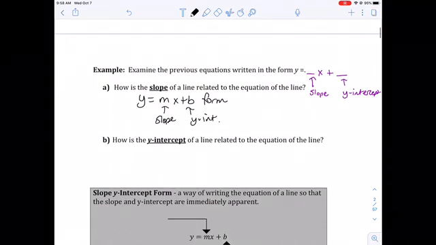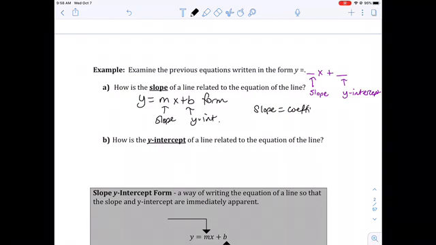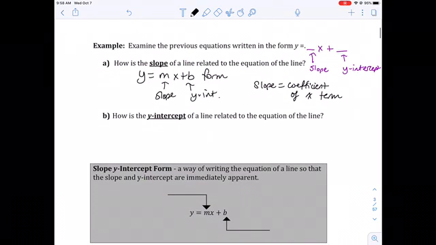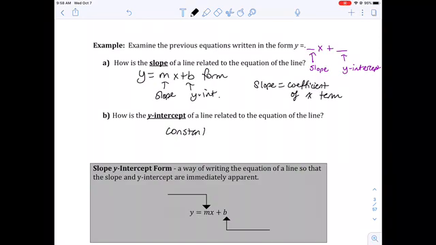The slope is the coefficient of x, the number in front of the x term, the x variable. That's our coefficient there. And the y-intercept is the constant.